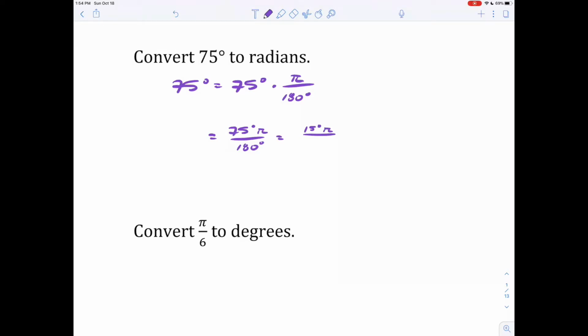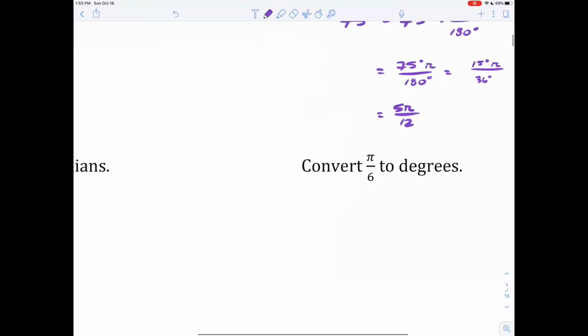How many times does 5 go into 180? 36? Is that accurate? Does 5 actually go into 180 that many times? 180 divided by 5. Brilliant. And I just need to reduce that further. 5 goes by 3. Boom. So 75 degrees is equal to 5 pi over 12.